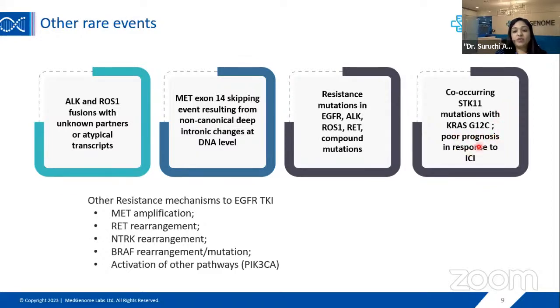KRAS G12C is associated with poor prognosis in response to immunotherapy or immune checkpoint inhibitors. And these are some other resistance mutations which are rarely reported but are important to understand from the individual patient's point of view: MET amplification, RET rearrangements, NTRK rearrangements, BRAF rearrangements, and activation of other pathways like PIK3CA.